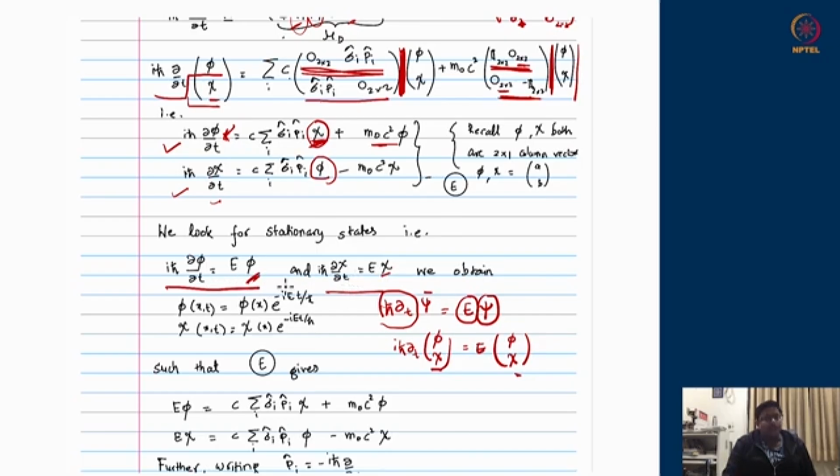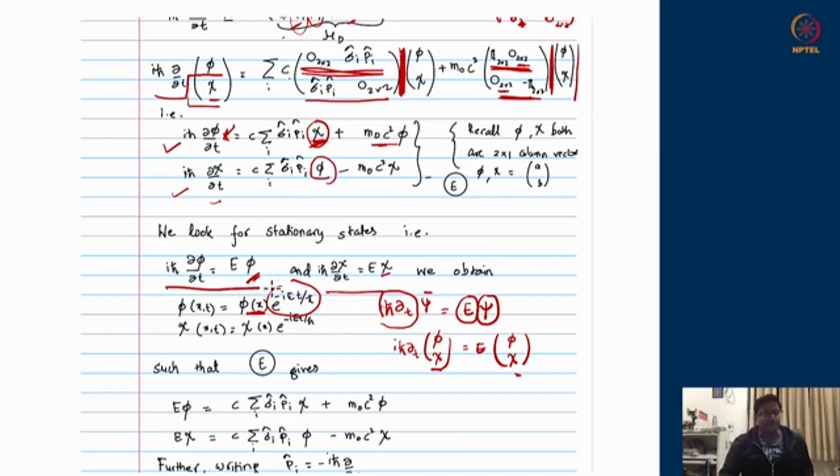And you know the solutions of these kinds of differential equations are exponentials times a constant. So therefore φ will be written as an exponential e to the power minus iEt upon ħ, up to a constant of time. This is a partial differential equation in time, so the constant you will get will be a constant of time, but it may depend on other positions.